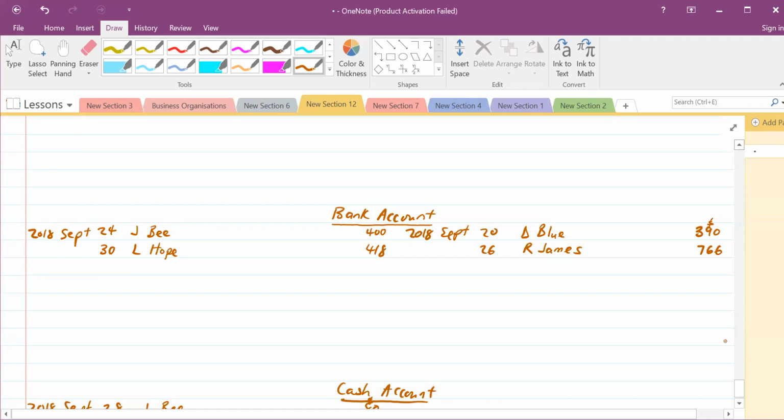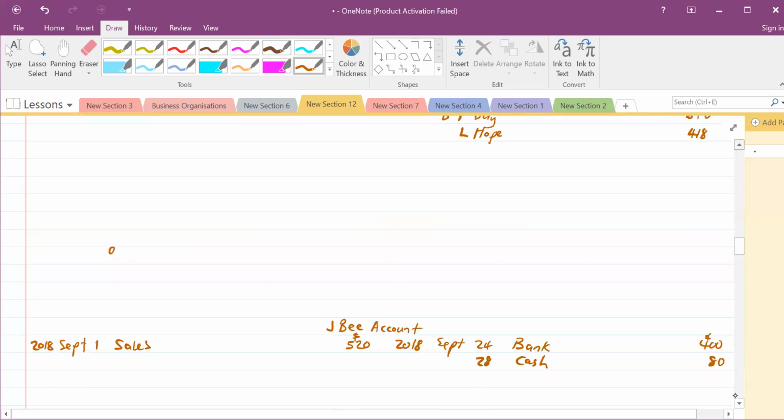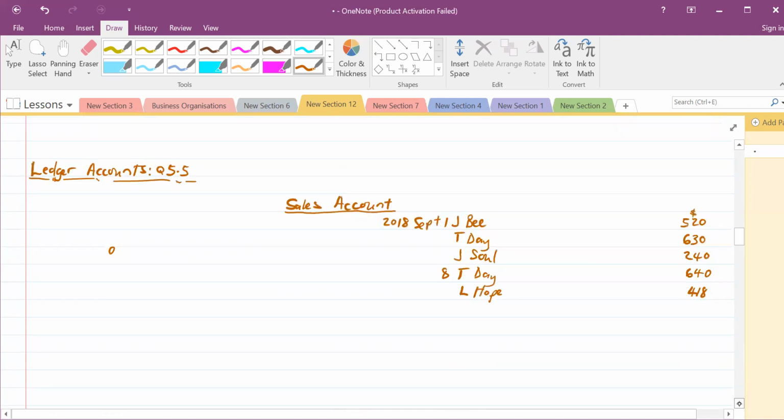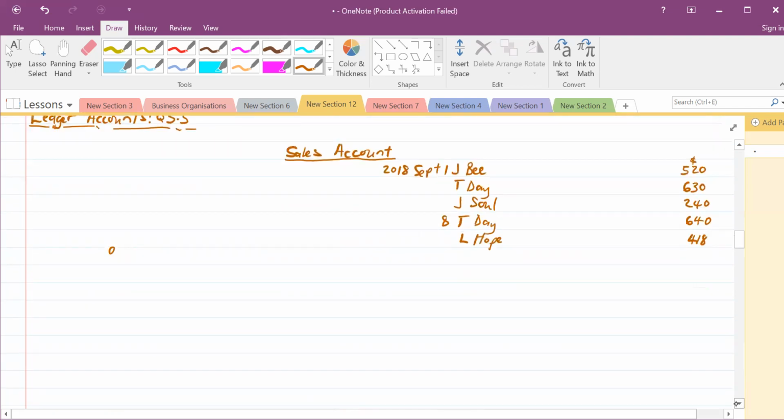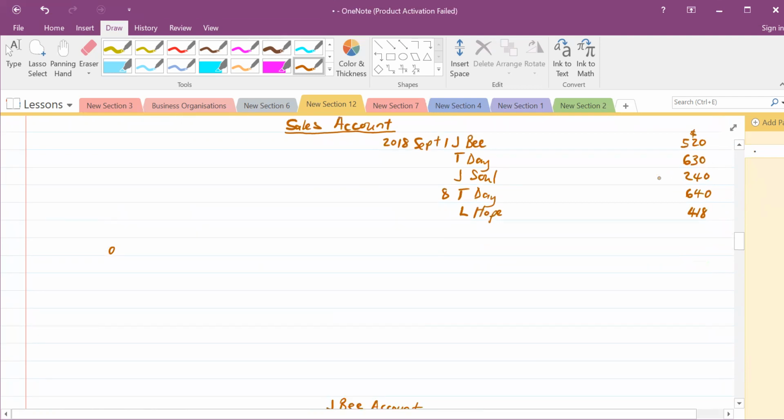The other ones, seeing that we are not given full information, we are not going to be able to balance off. But if we were, our sales under these circumstances, we could have balanced it off by comparing the debit and the credit side, and we see that the debit side is smaller, and then whatever total we get becomes the balance CD, and we complete the double entry under those circumstances.